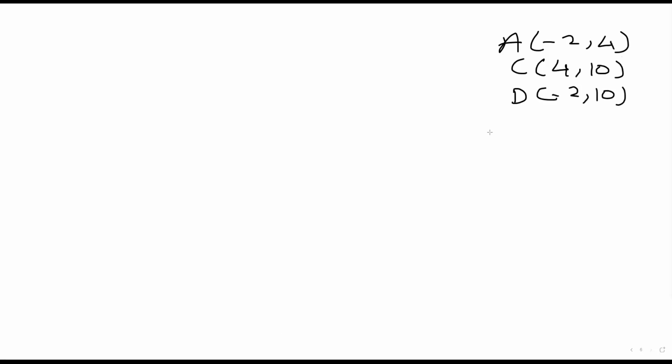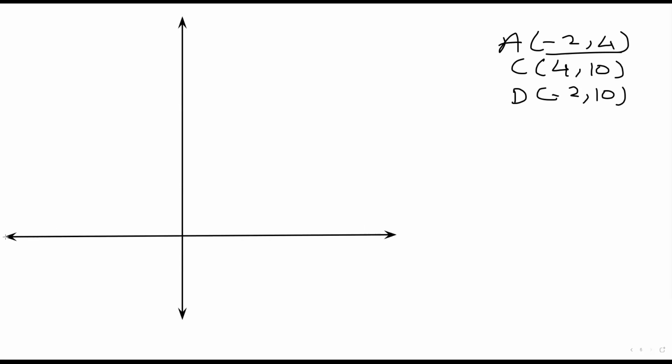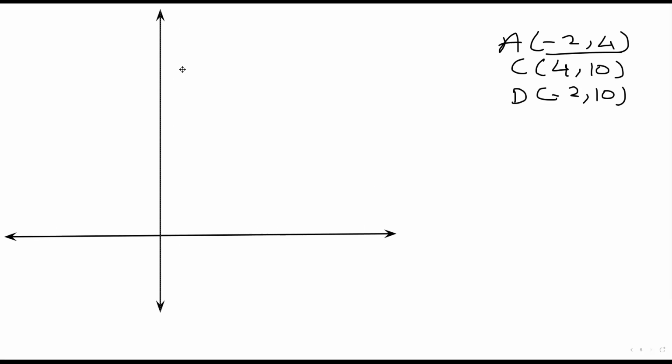Now, see, point A lies in the second quadrant. C and D lie in the first quadrant. So we can safely assume that this square lies in the first and second quadrants. So we can draw the y-axis in the middle, and the x-axis somewhat at the bottom. Are you getting my point? Yes.